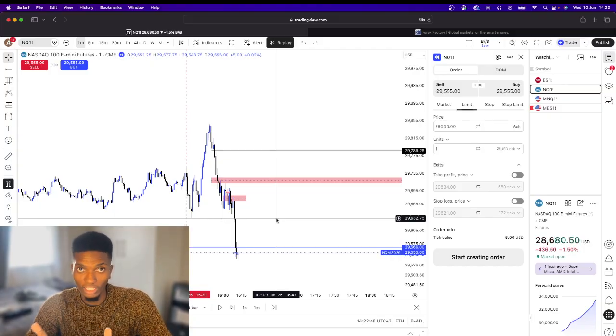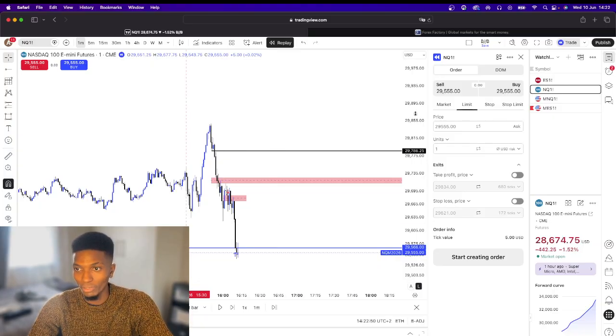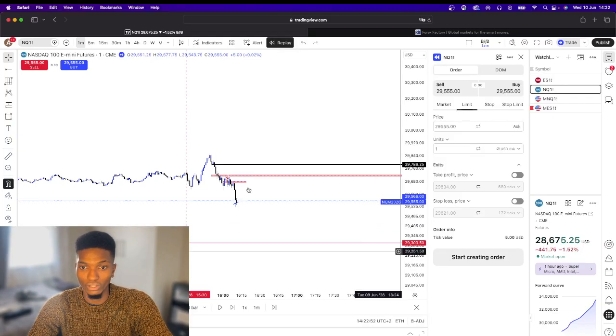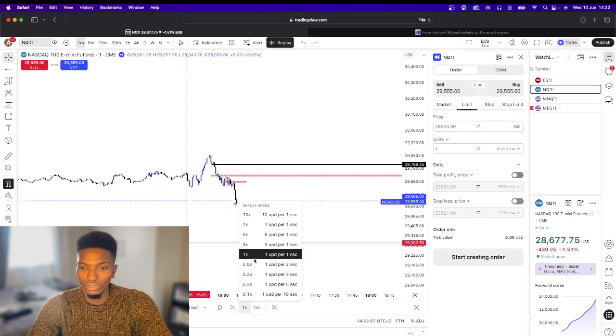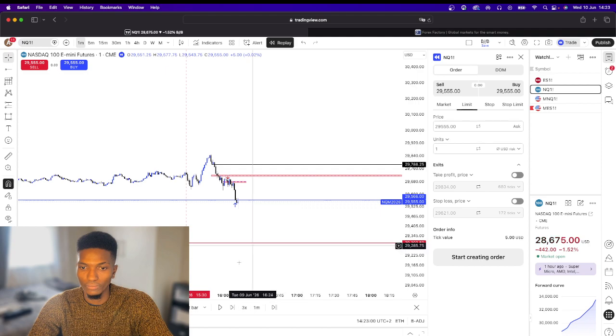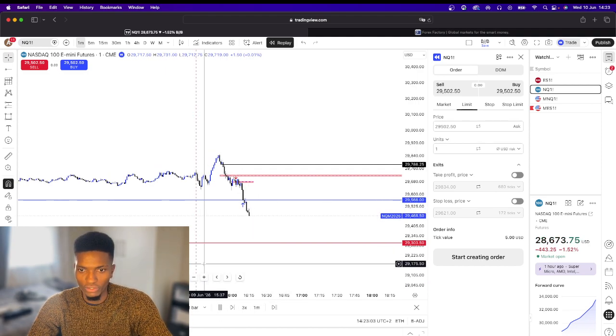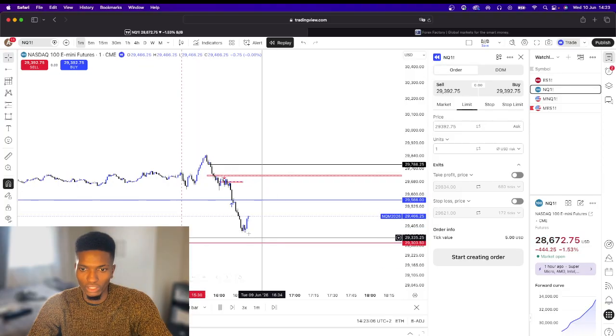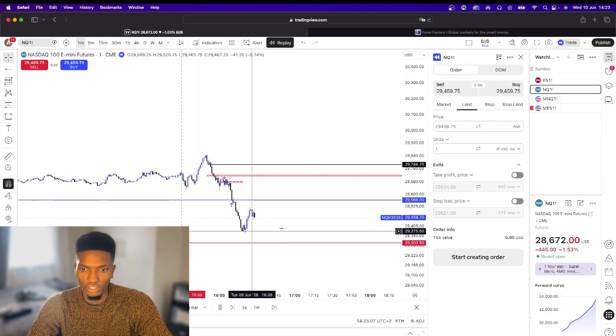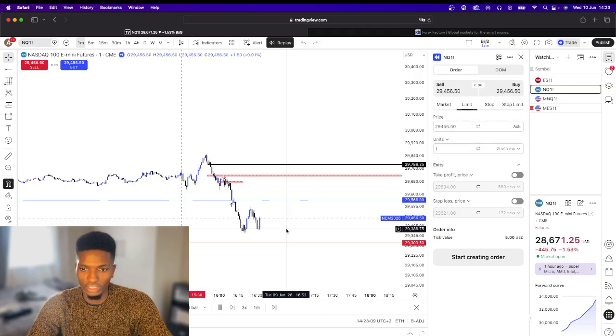However, that was my target, but what price did instead, it kept on dumping from London's low, it went to Asia low. Let me do this so that you can see. Perhaps I should have opened, you see, it dumped, some form of retracement, and then it dumped again there.